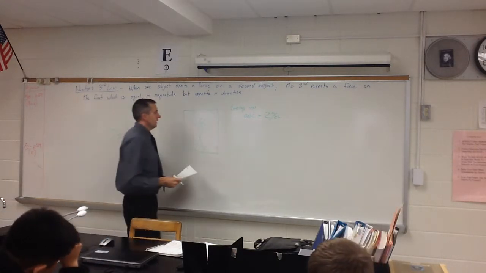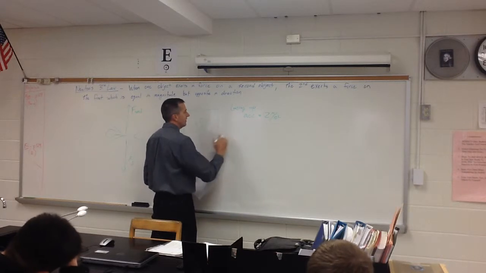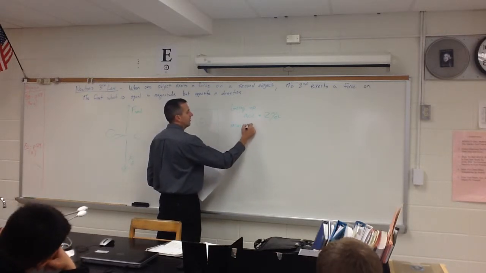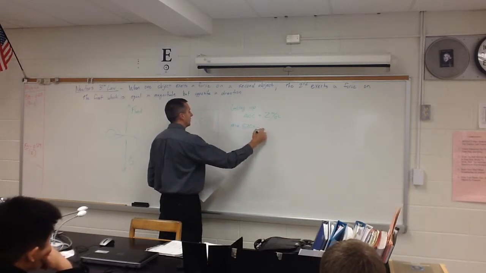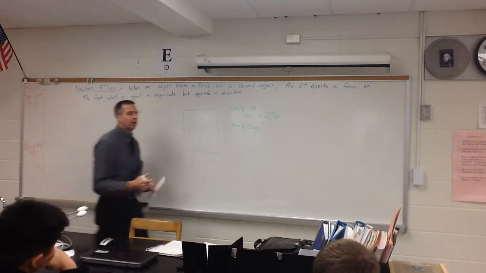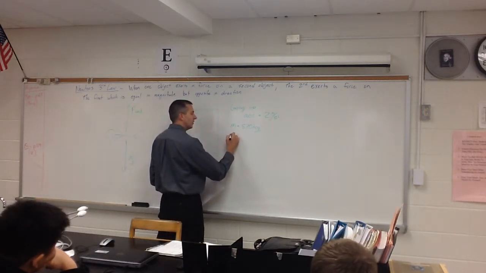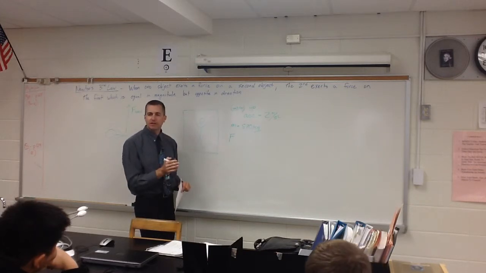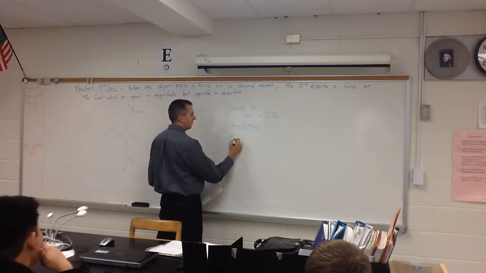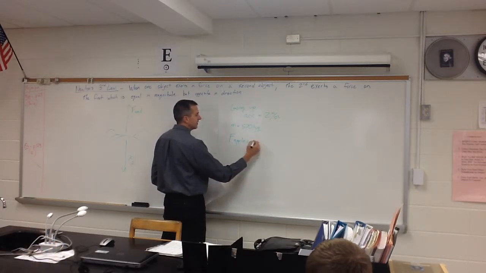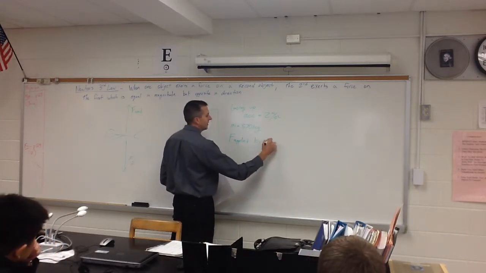And let's say the total mass that we're talking about here of this system is 570 kilograms. Well, what I want to know is what sort of force does the elevator have to apply to make this happen? So I want to know what sort of force is being applied by the elevator.